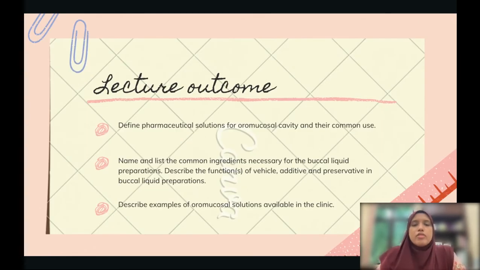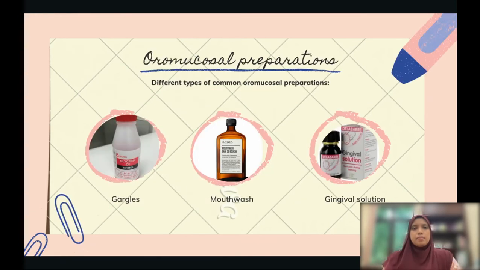At the end of this lecture, you are expected to be able to define pharmaceutical solutions for the oromucosal cavity and their common use, name and list the common ingredients necessary for buccal liquid preparations, and describe the functions of vehicle, additive and preservative in buccal liquid preparations. And finally, to describe some examples of oromucosal preparations available in the clinics.